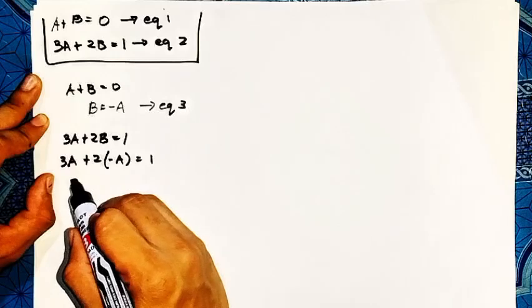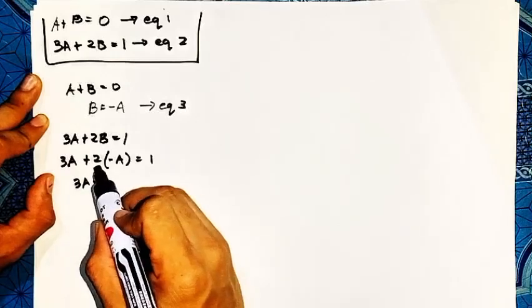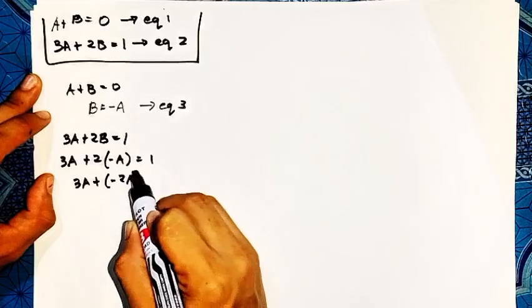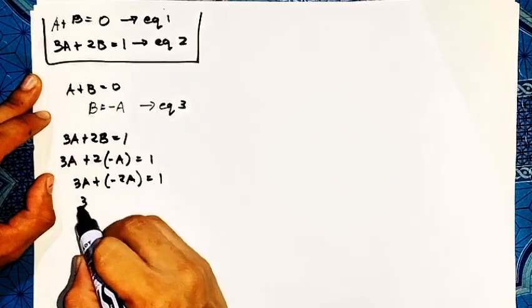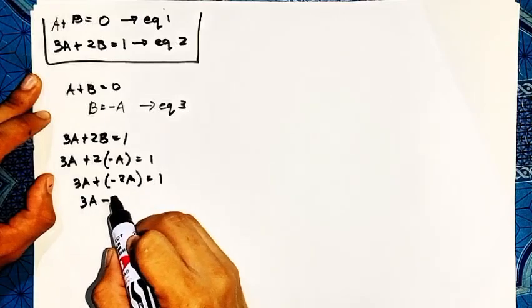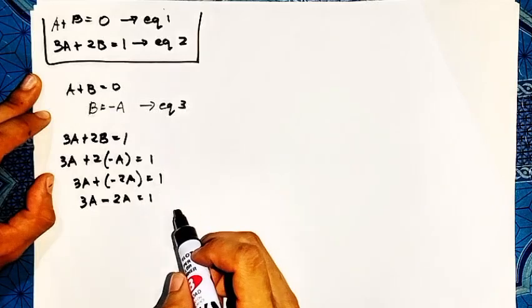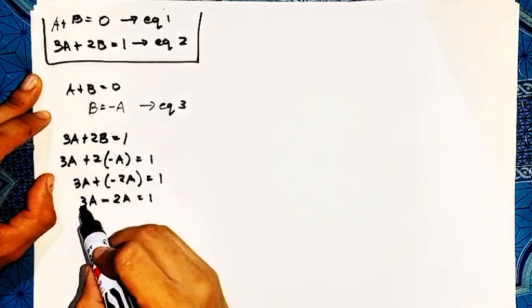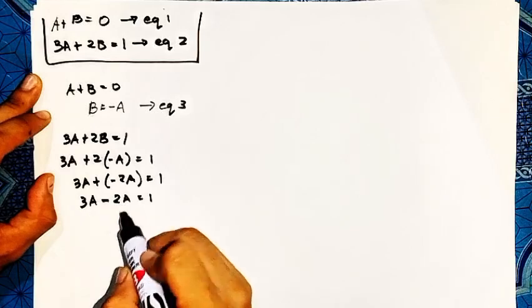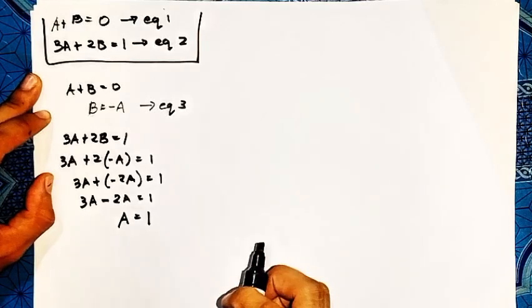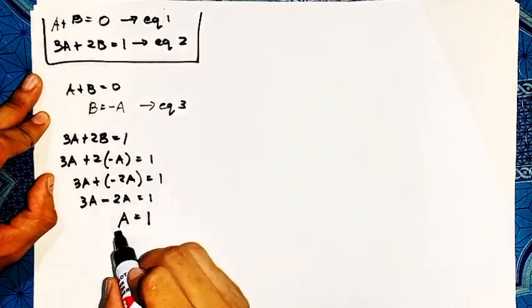Now 3A plus 2 times negative A, we have negative 2A, right? Is equal to 1. So it can be 3A minus 2A is equal to 1. Next, 3A minus 2A is simply A, so A is equal to 1.